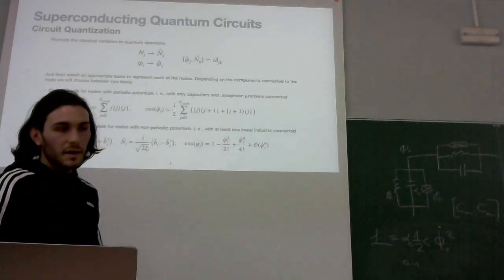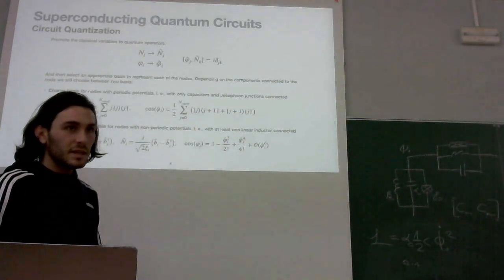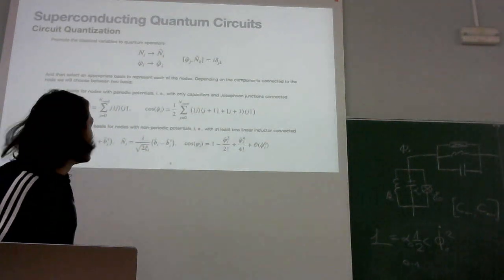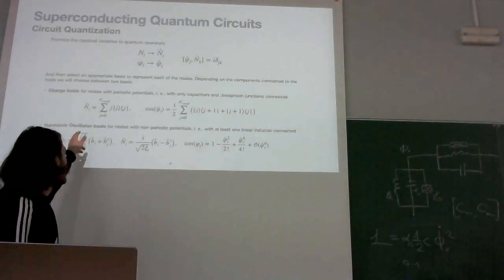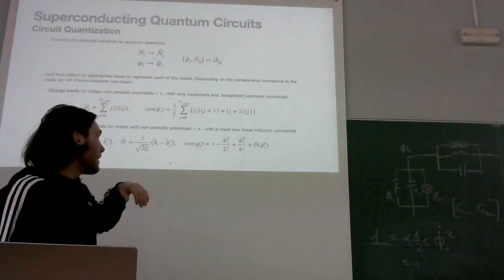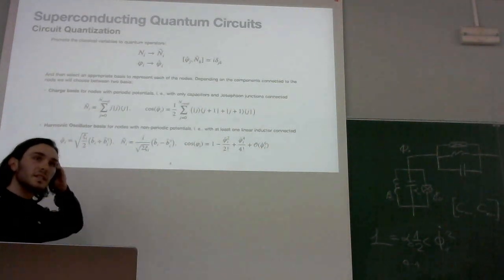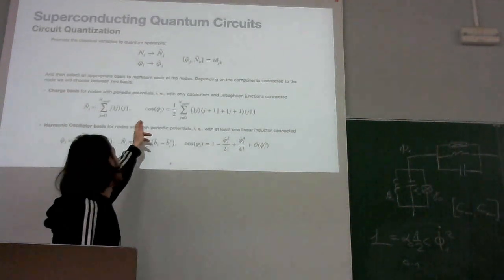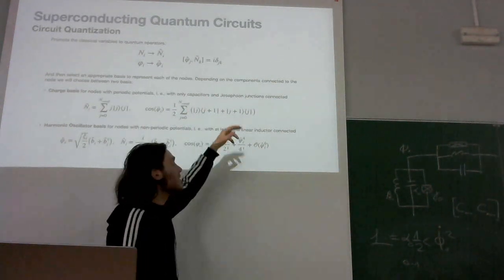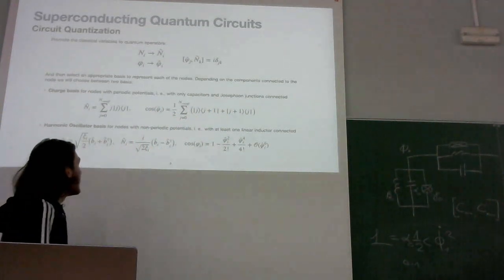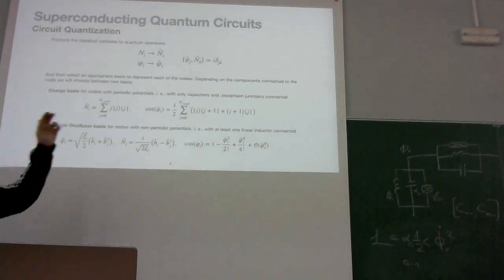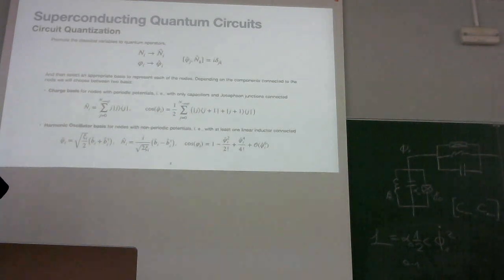In the paper, they essentially use two bases, the charge basis and the harmonic oscillator basis. The choice of basis depends on the potential present in that node, which is the same as saying that it depends on the elements connected to the node. If we have only capacitors and some junctions, it is much more suitable to use the charge basis.